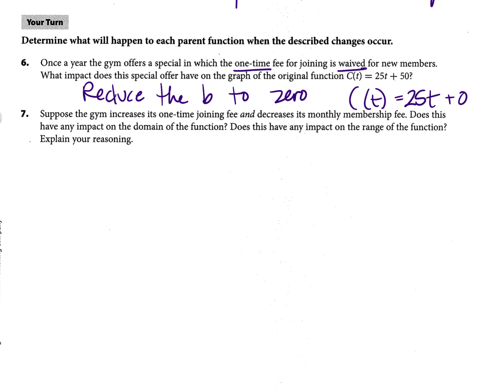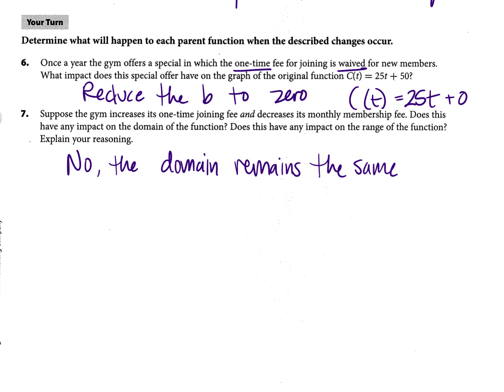Suppose the gym increases its one-time joining fee and decreases its monthly membership fee. Does this have any impact on the domain of the function? The domain is the values that you can use as inputs. So, no, the domain remains the same.